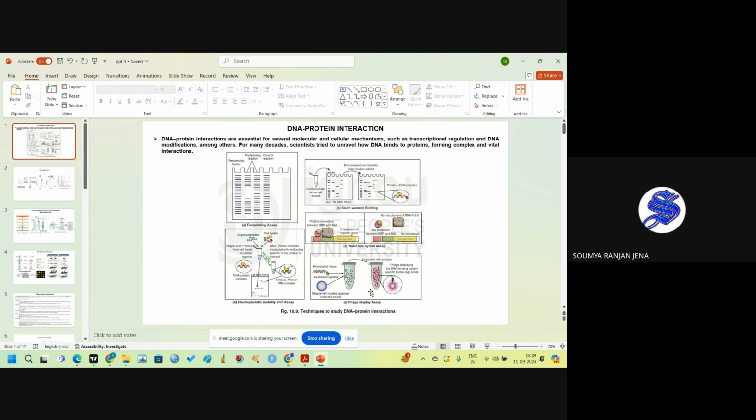If we go to the DNA footprinting assay, this is a molecular technique used for identification of the protein binding to a region of the DNA molecule. This technique is mainly used to identify the transcription factors that bind to different regions of genes such as the promoter, enhancer, or silencer.